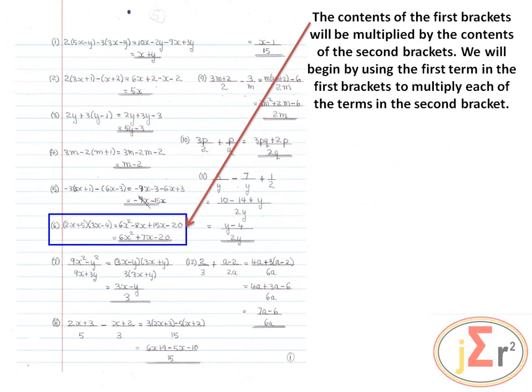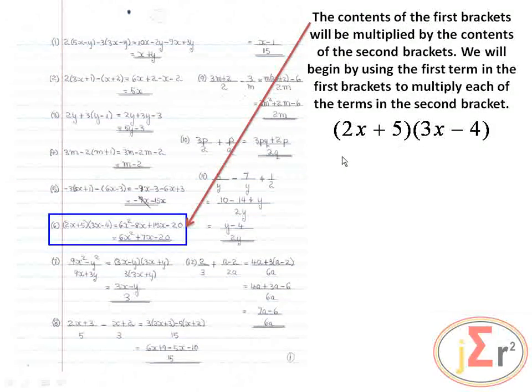The contents of the first brackets will be multiplied by the contents of the second brackets. We will begin by using the first term in the first brackets to multiply each of the terms in the second one. So there we have an expression somewhat different from the ones that we have simplified so far.